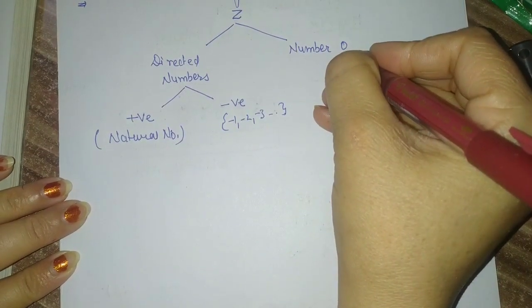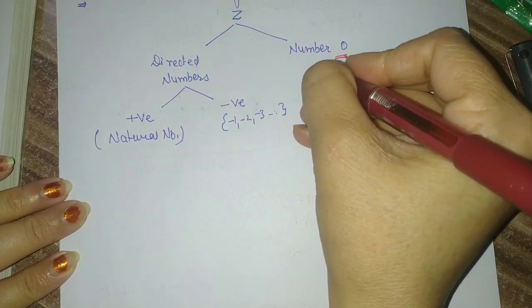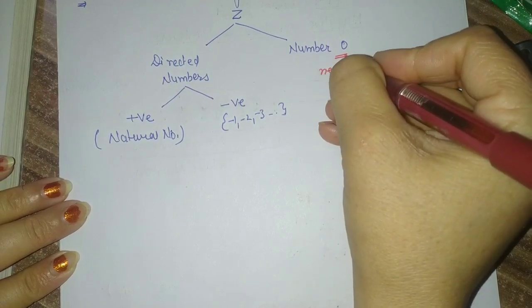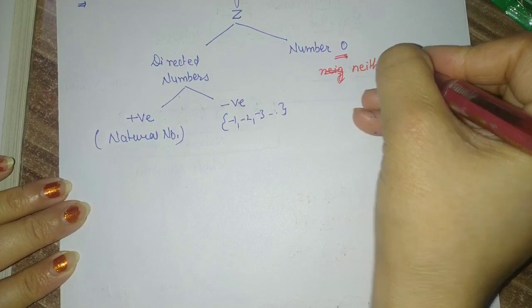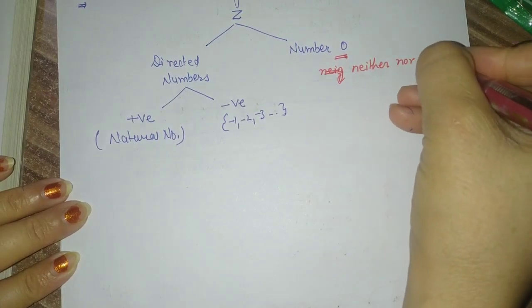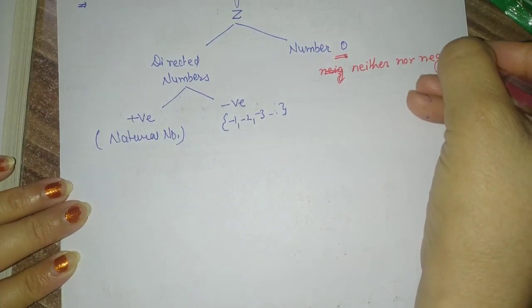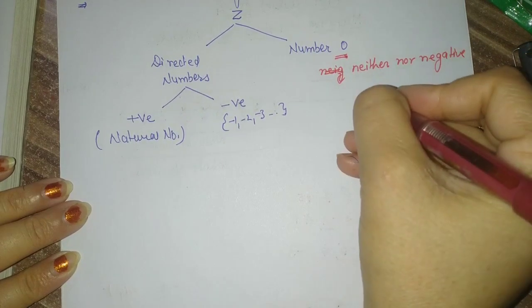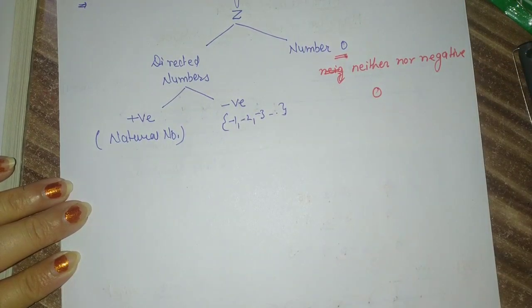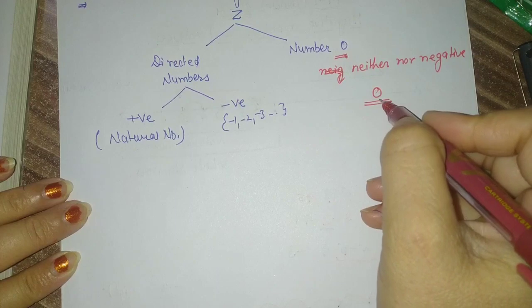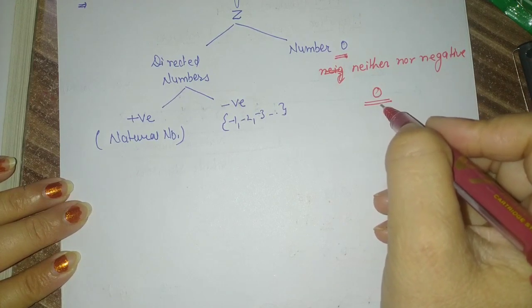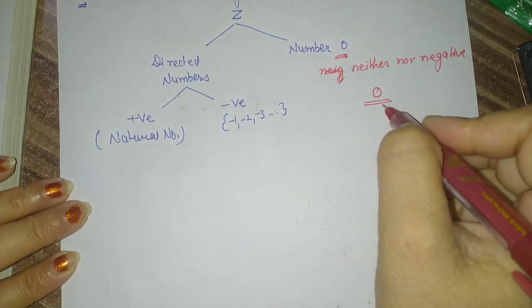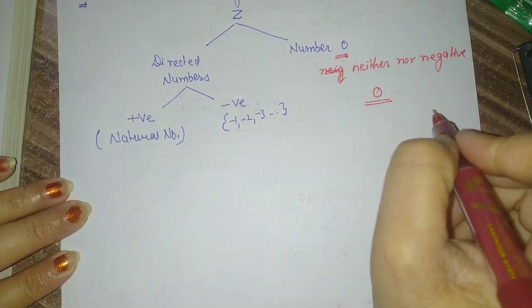Number 0 is neither positive nor negative. That means 0 is neutral. There is no sign on 0. We can't say 0 is positive, no. If we say 0 is negative, no. 0 doesn't have any sign.